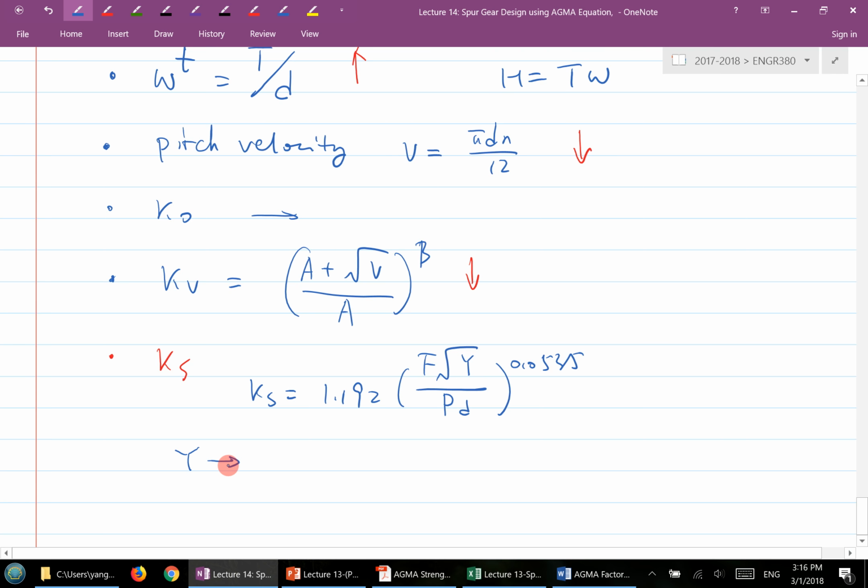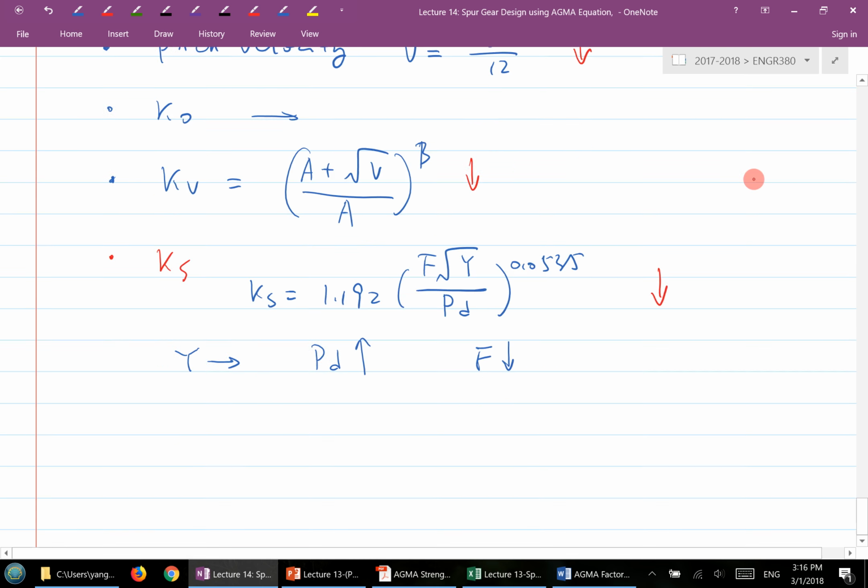PD, as we just looked at, is going up, and F is going down. So this is smaller, this is bigger, so overall this size factor should decrease.